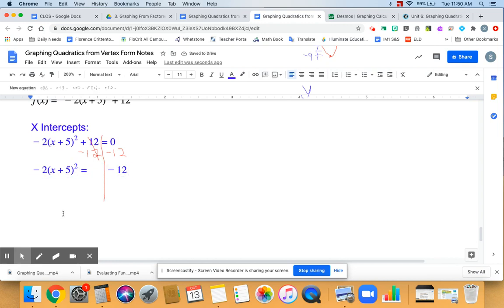Now what's your next step in solving for x? You have to divide away the negative 2 in front. You can't get rid of the squared yet because this negative 2 is not in the squared. It's outside of it. So you have to get rid of the negative 2 first. Negative 2 divided by negative 2 will become 1.